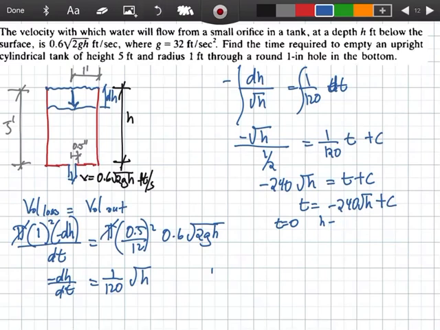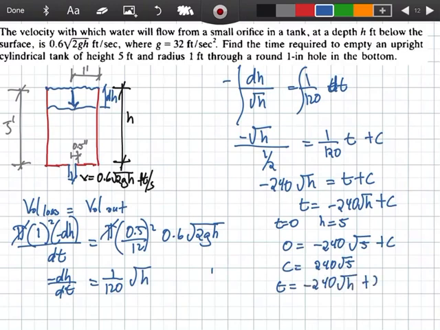That means h is equal to 5 kasi punong-puno pa siya. So, 0 is equal to negative 240 square root of 5 plus c. So, ano ang c? 240 square root of 5. So, ang t natin is equal to negative 240 square root of h plus 240 square root of 5.